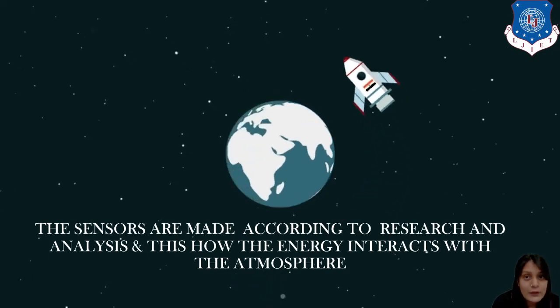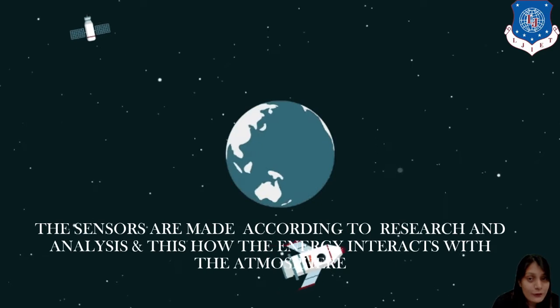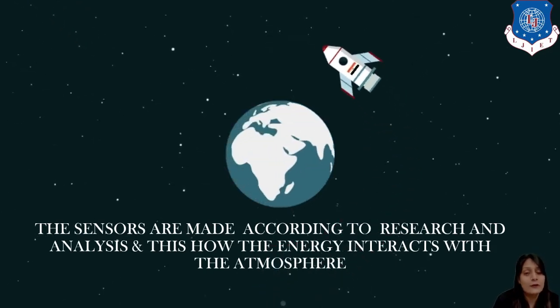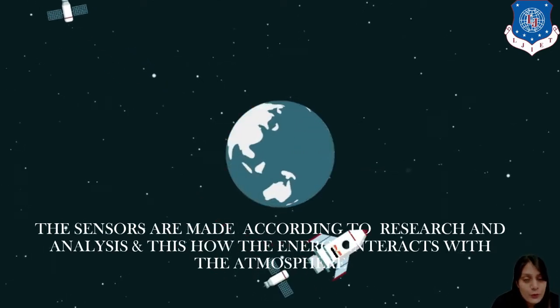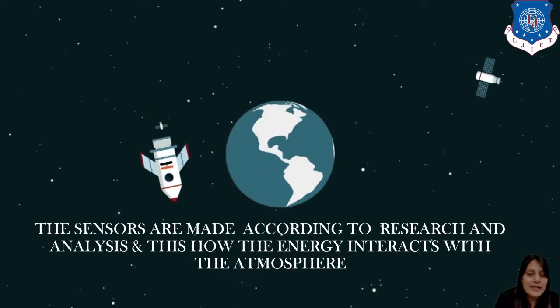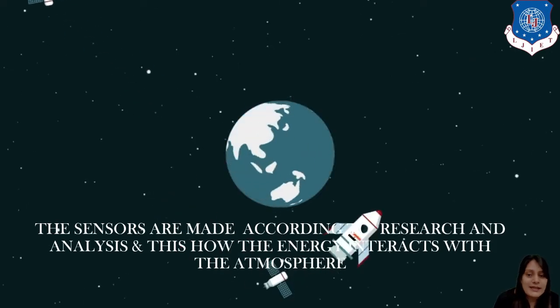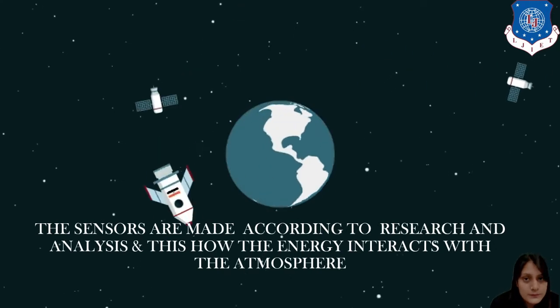Now you get why electromagnetic radiation is important for our remote sensing subject, because we have to make the remote sensor with the help of wavelength, and how do we decide how to choose the wavelength, right? The sensors are made according to research and analysis. This is how energy interacts with the atmosphere.